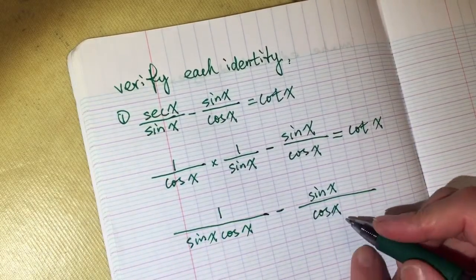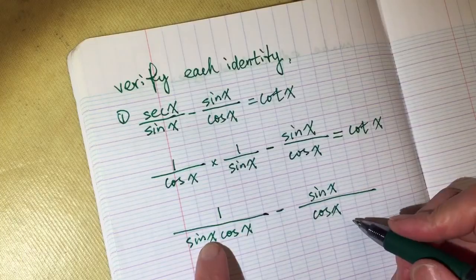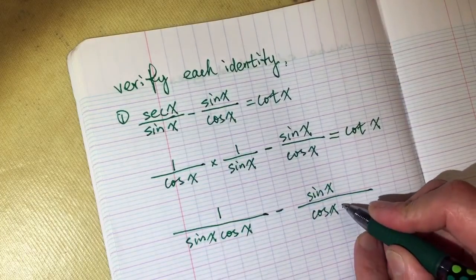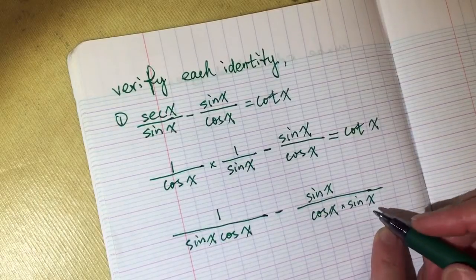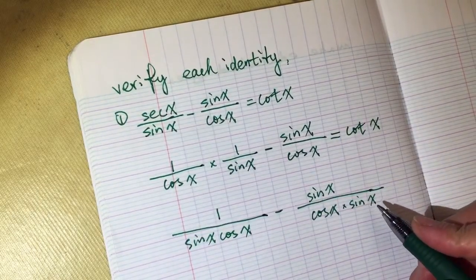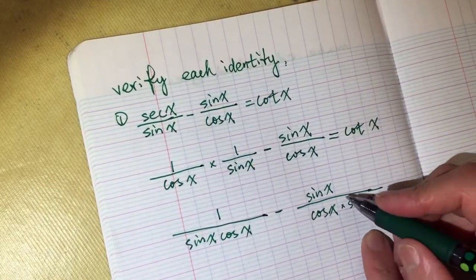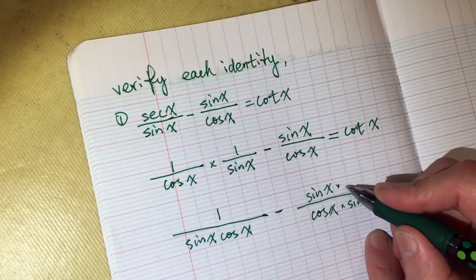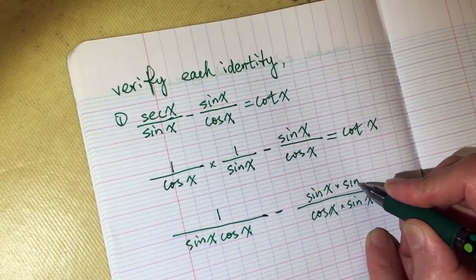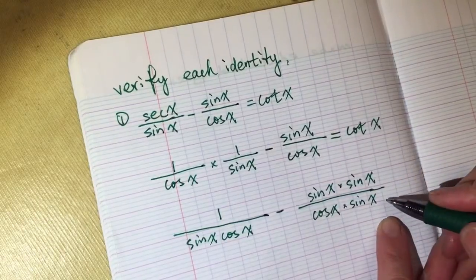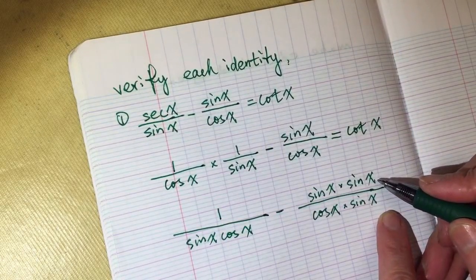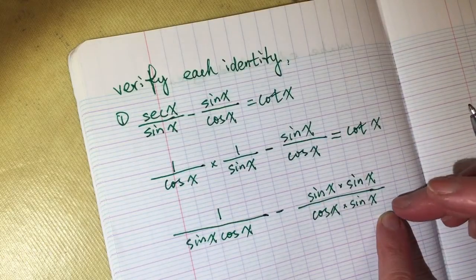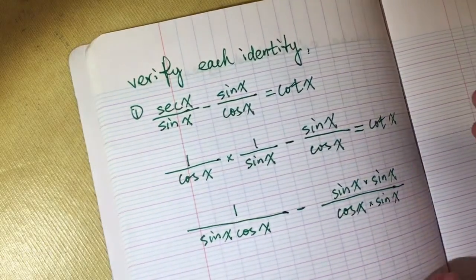Now we need to make it into the same denominator, so we times sine x. If we times sine x in the denominator, we need to do the same thing on the numerator. So you do it on the bottom, you have to do it on top. Otherwise, it's not fair.